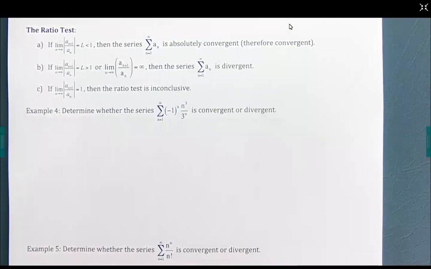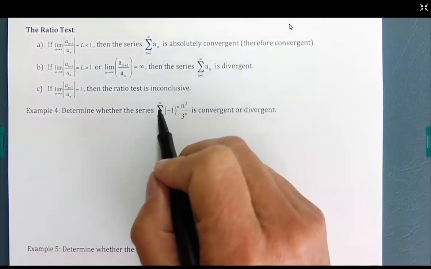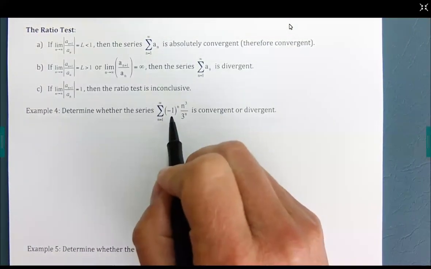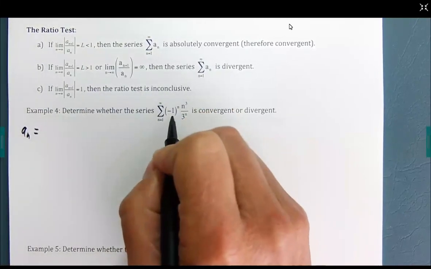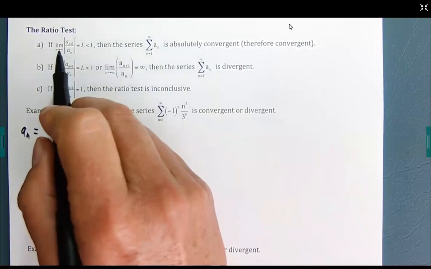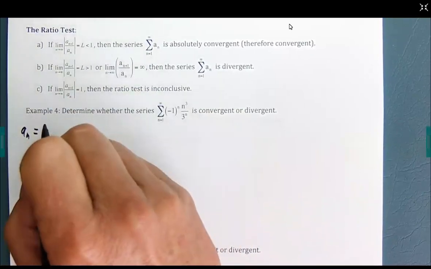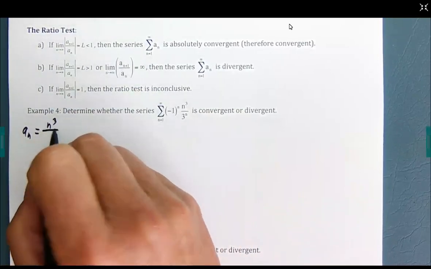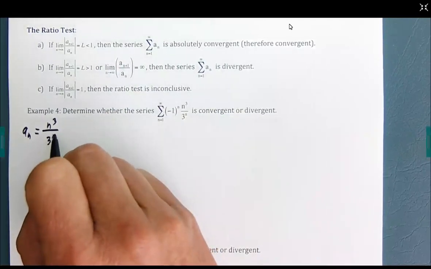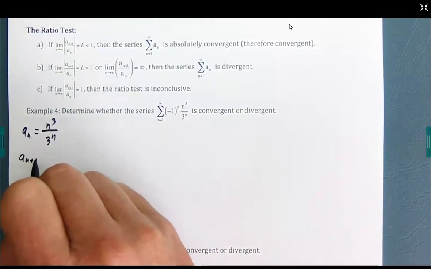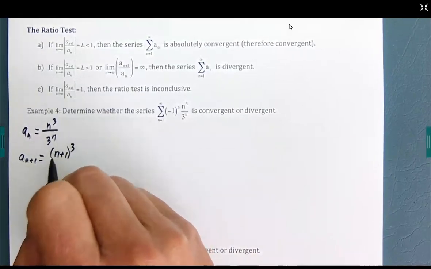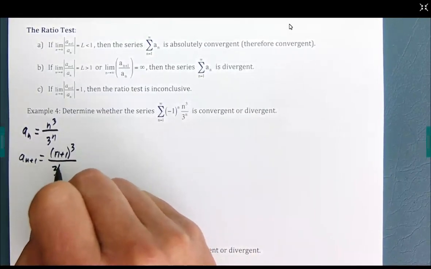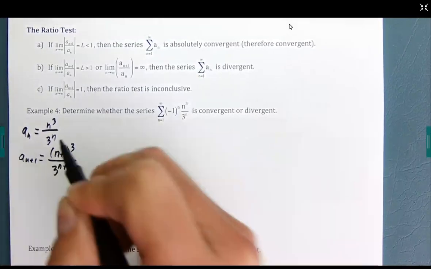our example here. So a sub n in this case is here. Now, a sub n, so let's write that out. A sub n is, and I'm going to ignore the -1 at the end because the theorem says take the absolute value, so we're just going to ignore that for now. A sub n plus 1 is there.